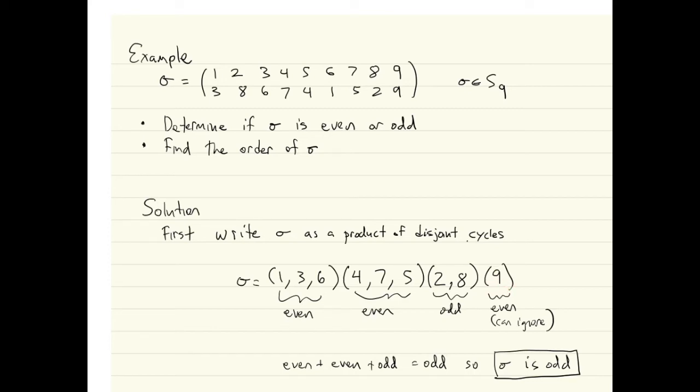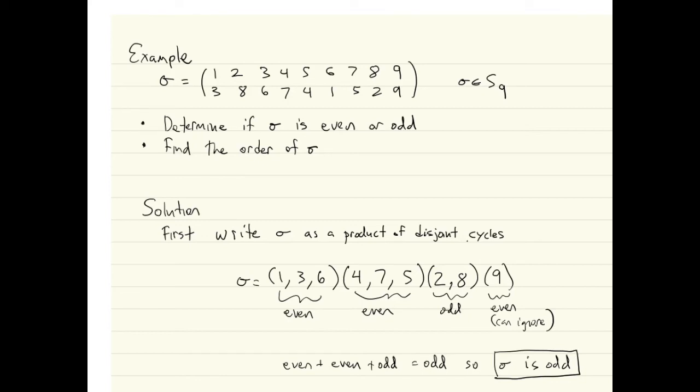Okay, so now we've written sigma as a product of disjoint cycles, and because this first cycle has length 3, and 3 is odd, that means the associated permutation is even. Remember, that was this unfortunate fact: you have to switch from the parity of the cycle length to the parity of the permutation.